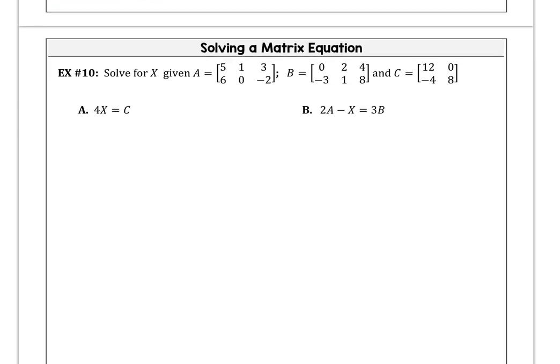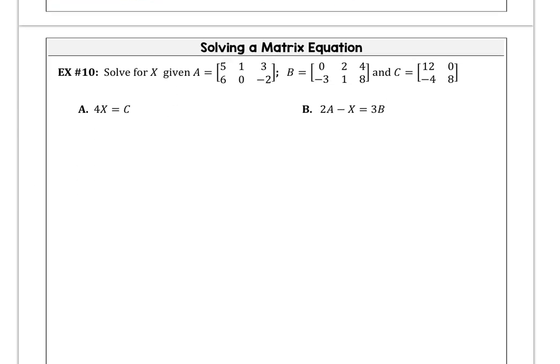How about that? Example 10, let's try solving a matrix equation here. We want 4x to equal C. So 4 times x, let's see, x would be 1/4 of C, right?